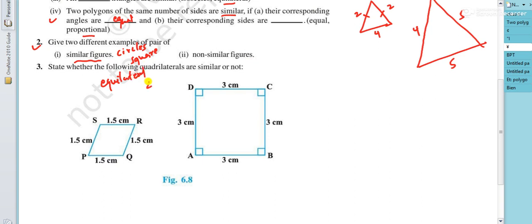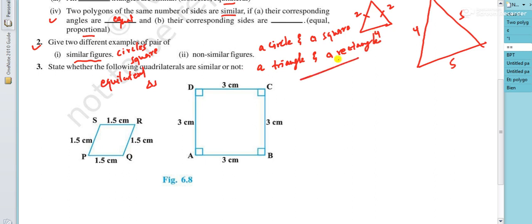Non-similar figures: a circle and a square. Are they similar? No. One more example you can give is a triangle and a rectangle. So they are not similar. I hope you have understood.